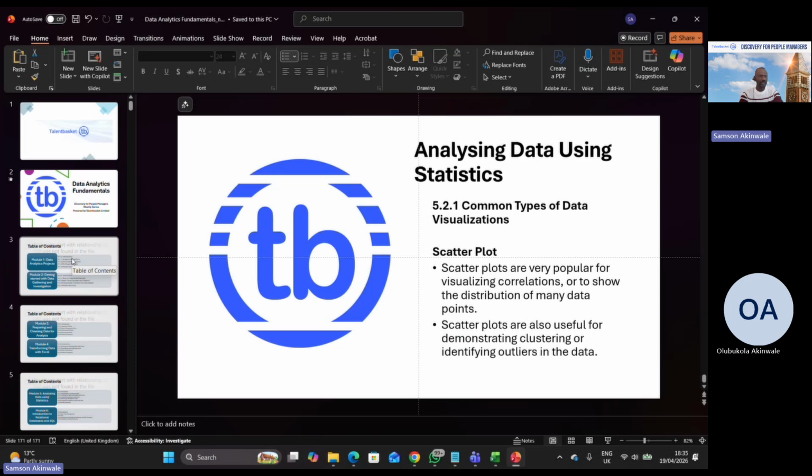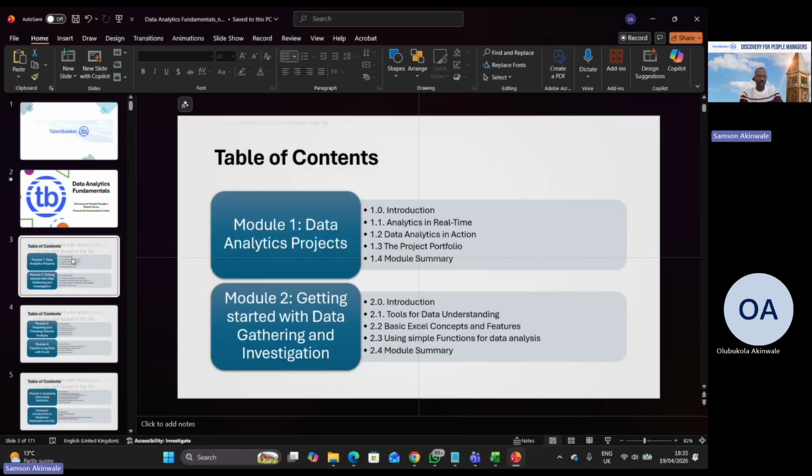We've exhausted the first four modules of the curriculum, which is right here, data analytics project itself. Then we did a couple of projects under that.